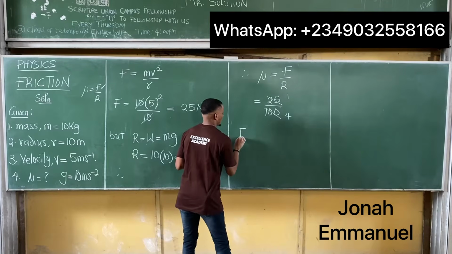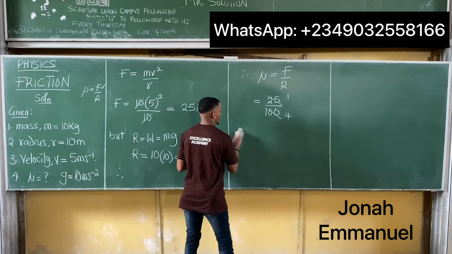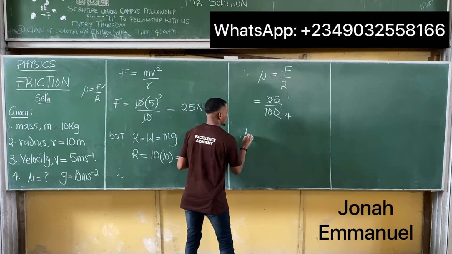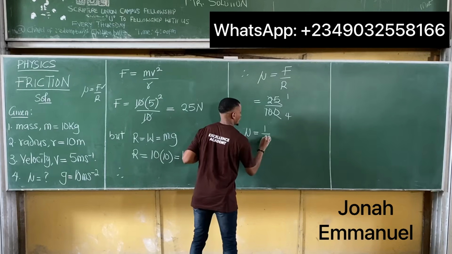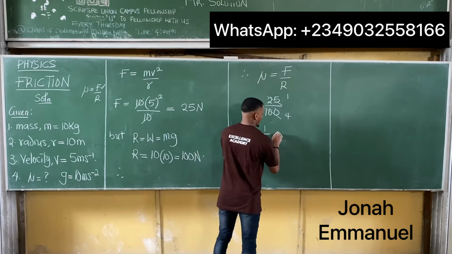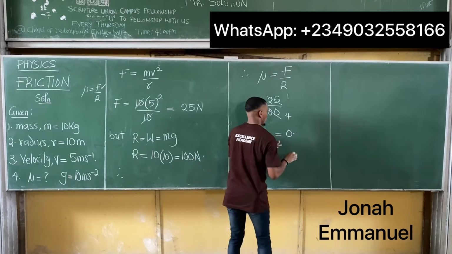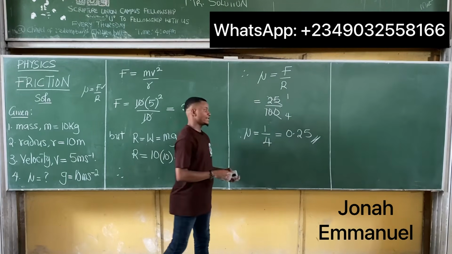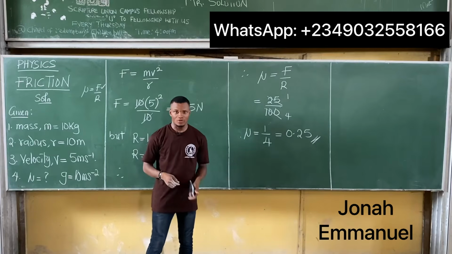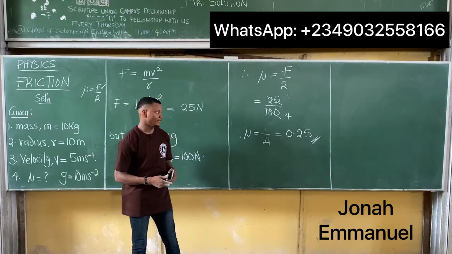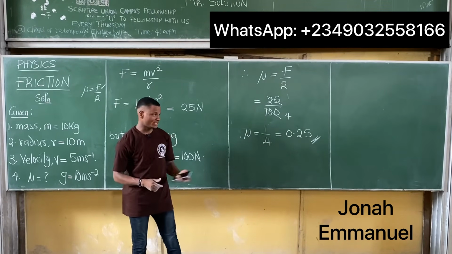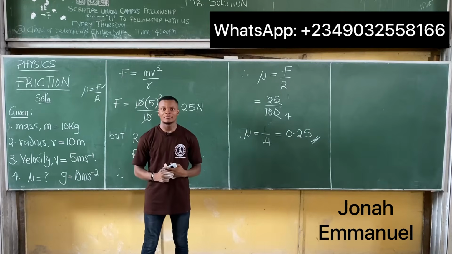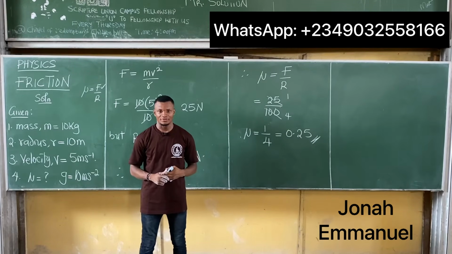So mu is equal to 1 all over 4, which in decimal gives you 0.25. Of course, there is no SI unit, so mu is equal to 0.25, and that's the answer. Alright, so this is how you solve this particular question.